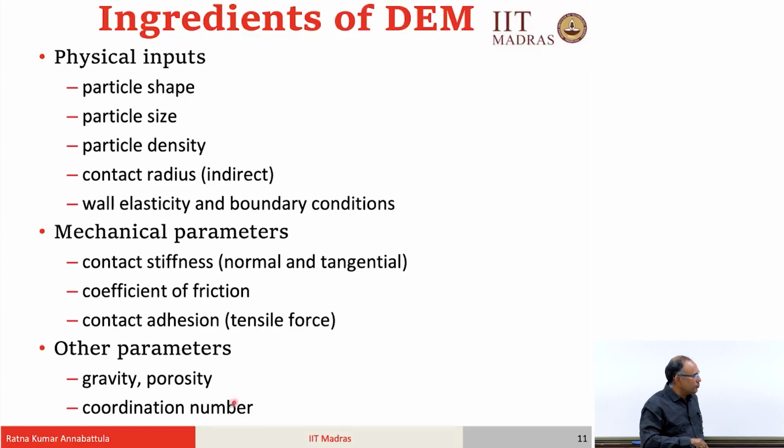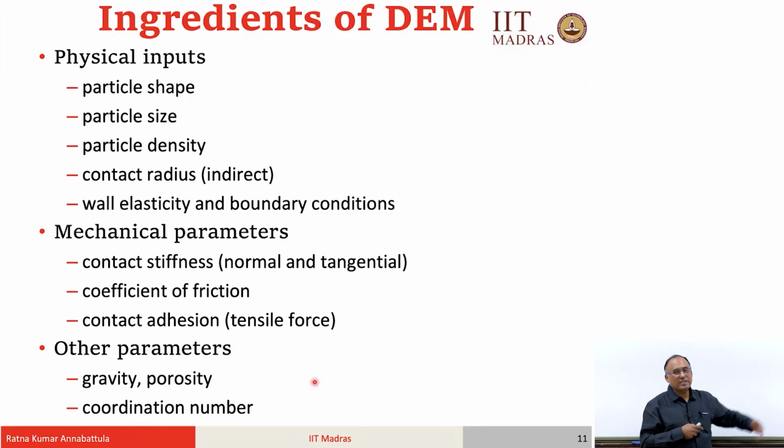And this is an output parameter, which is called the coordination number. You look at any particle in the assembly: how is this particle connected to its neighbors, how many contacts does this particle have? That is an important parameter for us to understand the macroscopic response of the system.